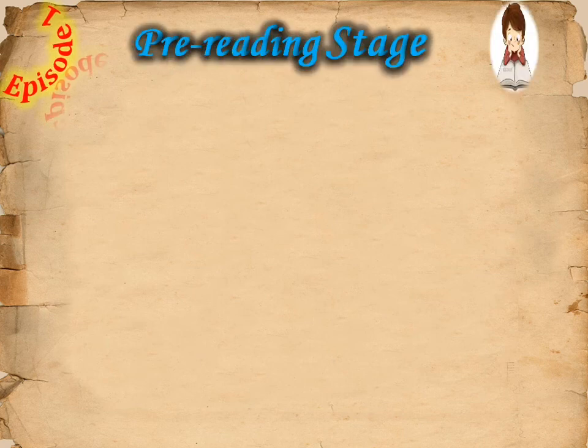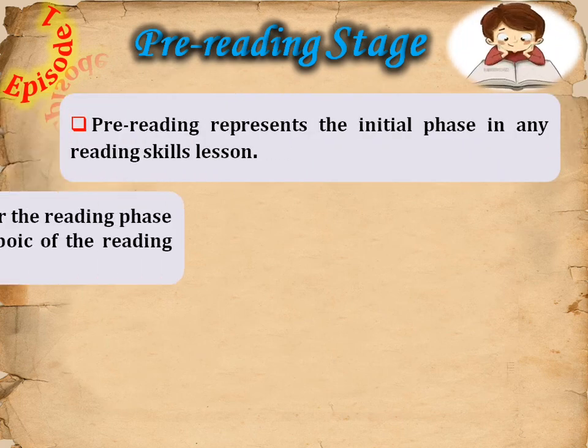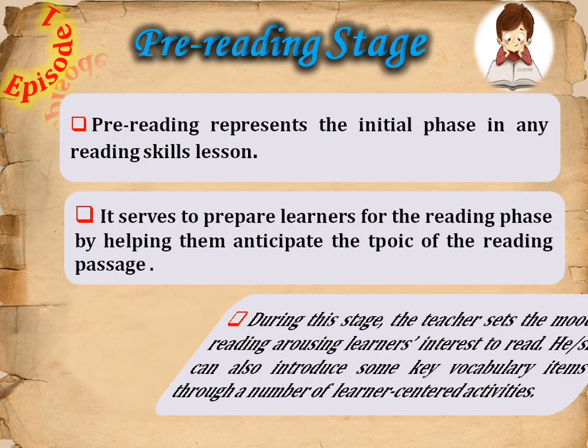The pre-reading stage represents the first phase in any reading skills lesson. This phase is really important because it serves to prepare learners for the reading phase by helping them anticipate the topic of the reading passage.